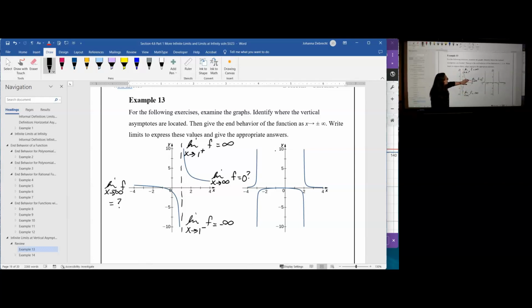On the right, as I approach 1 from numbers above 1, the limit of the function goes to positive infinity. On the left, as I approach 1 from numbers below 1, indicated with the negative in the exponent position, the limit of the function approaches negative infinity.